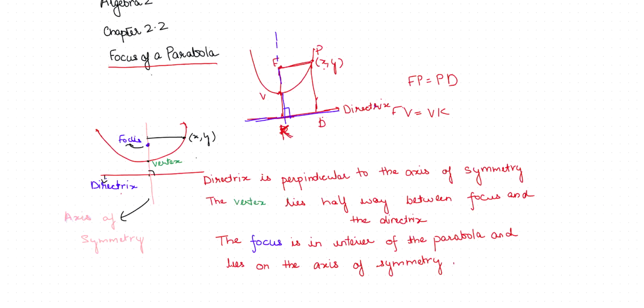So we can say that a parabola is a set of points that is equidistant from a fixed point, the focus, and a fixed line. The distance of a point to the focus is the same as the distance of the point to the line, which is the directrix. Okay, now let's do some problems.